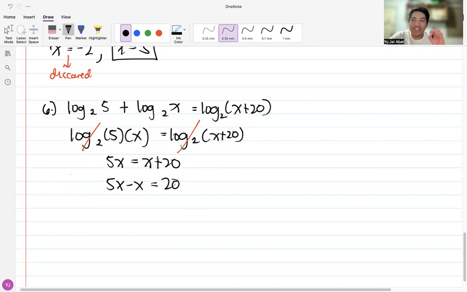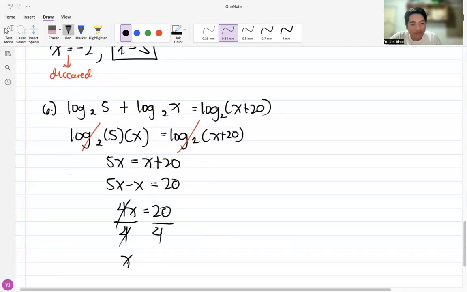So definitely we can just transpose the value of x. So 5x minus x becomes 4x equals 20. Divide by 4 to get the value of x, that would be x equals 5. So the solution for this logarithmic equation is 5. That's how we solve a logarithmic equation.